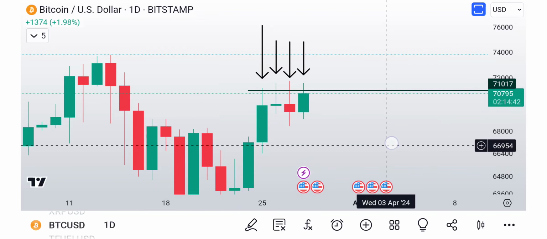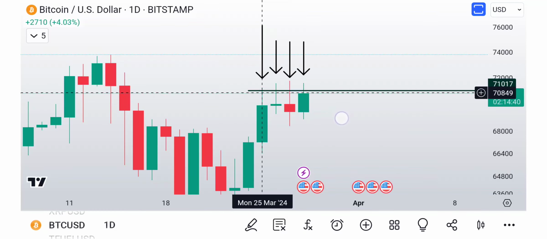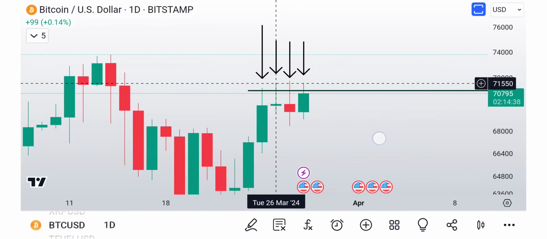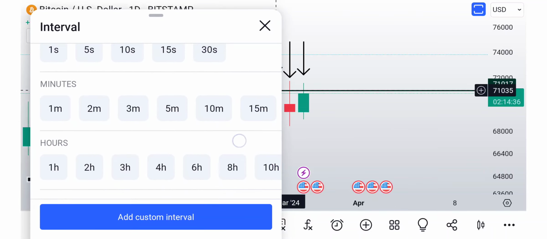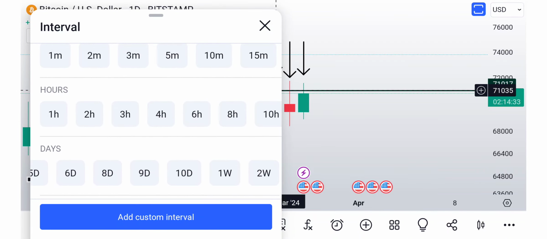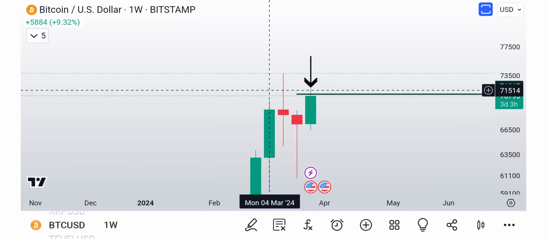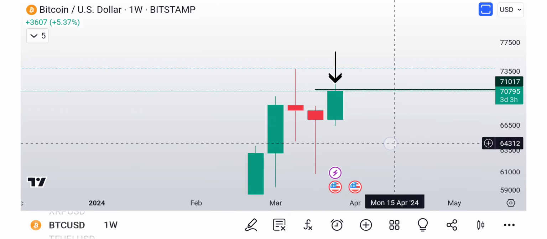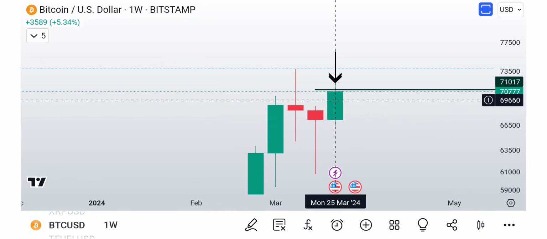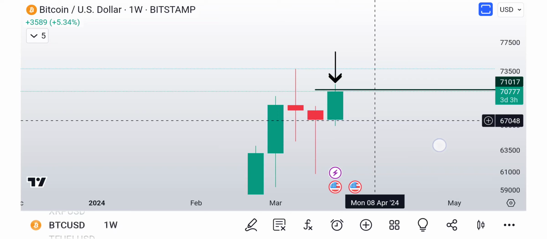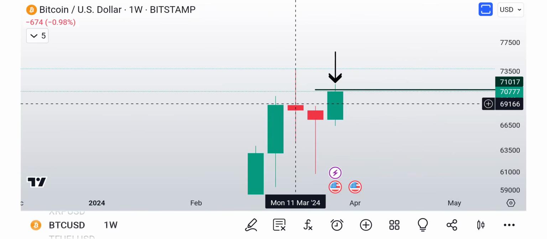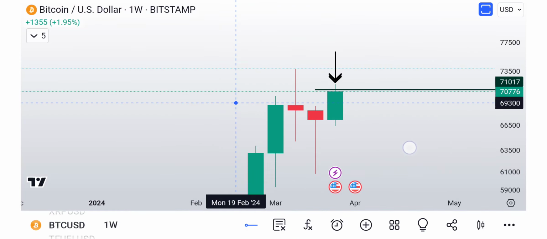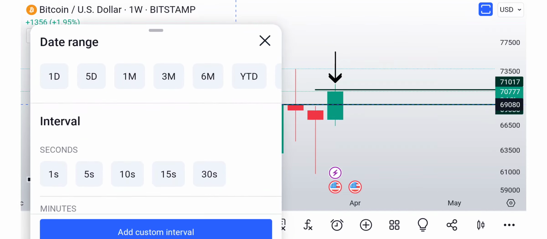Maybe not today's candle, maybe tomorrow, or even better yet, the weekly candle. We want to close above that 786. So there you go. That's the update here for Bitcoin. Again, we do have a candle in 3 days that could potentially close above these candles, which would be a great thing to see.